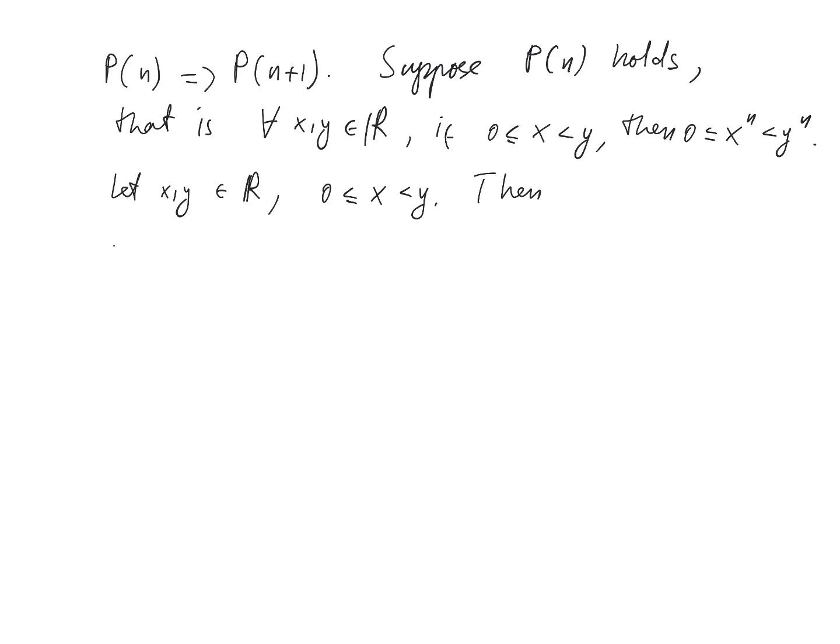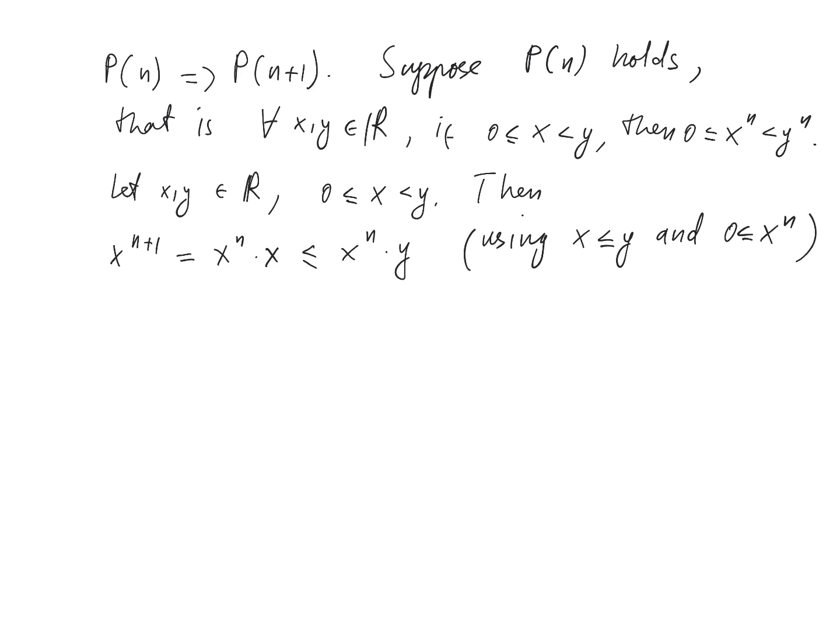Then we have x to the power n plus 1 is just x to the power n times x, which is less or equal than x to the power n times y by the basic properties of multiplication and the order discussed in the fact in the previous lecture, using that x is less or equal than y and x to the n is non-negative.